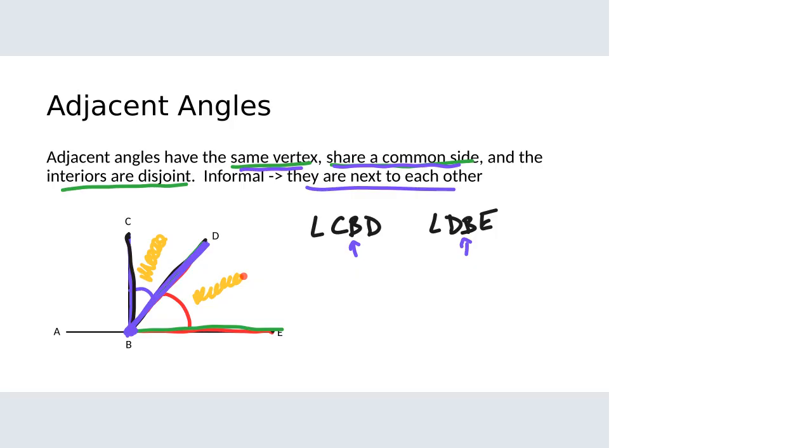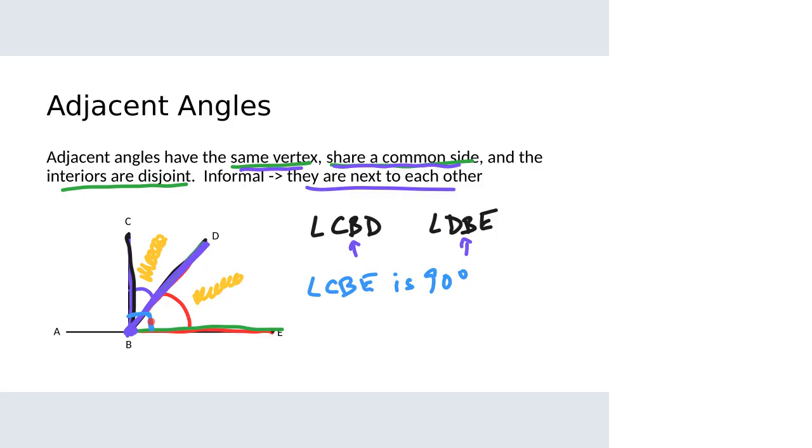A couple of other words I want to take advantage of this picture to discuss. Would you agree, even though my picture doesn't have a little square right here, if you disagree, tell me, that angle CBE is a 90-degree angle. I didn't put that in there, but we can see how it would be.